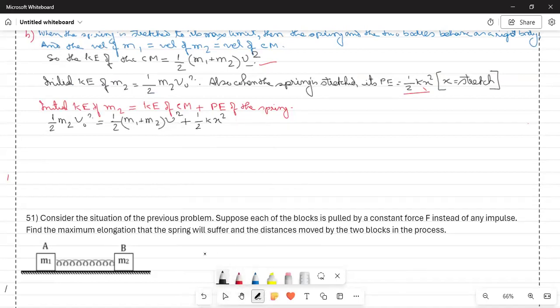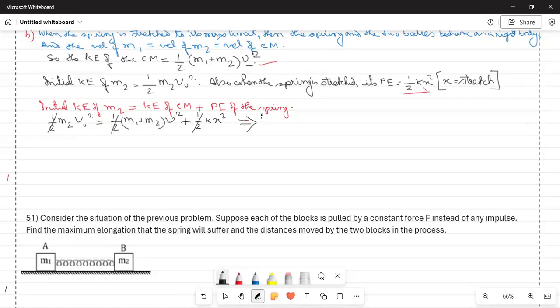Now from here, we first remove the halves, and we do a little bit of transposition of the left and right. From here, what we get?